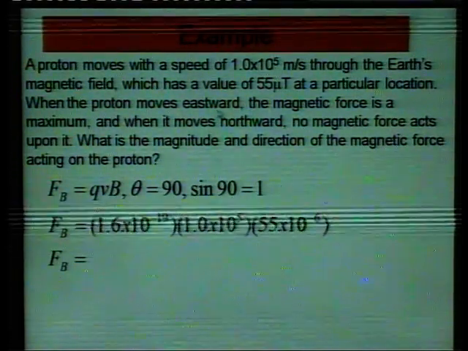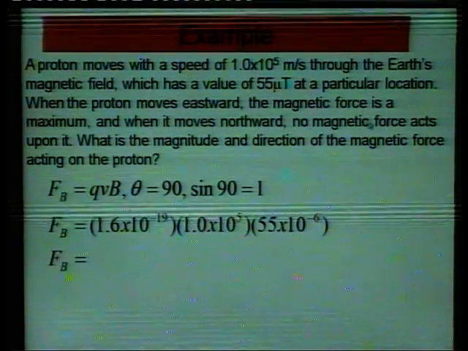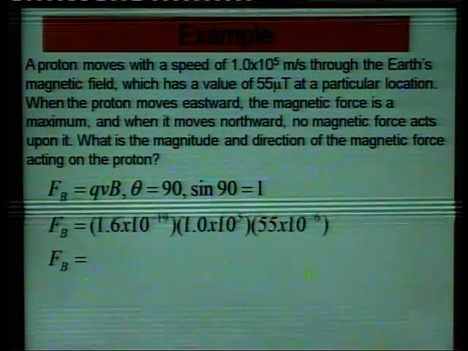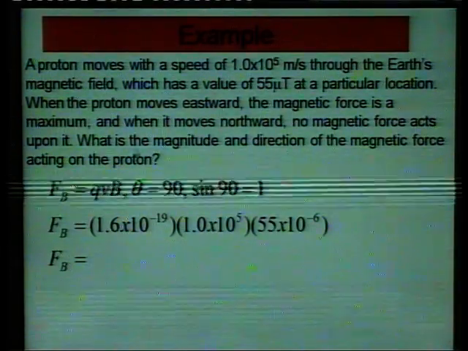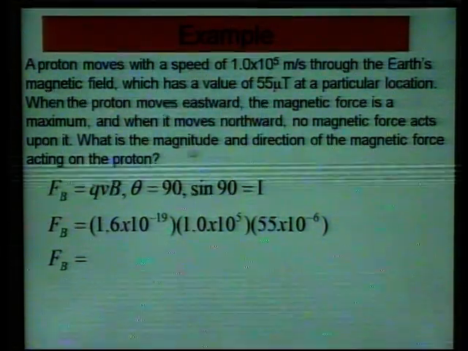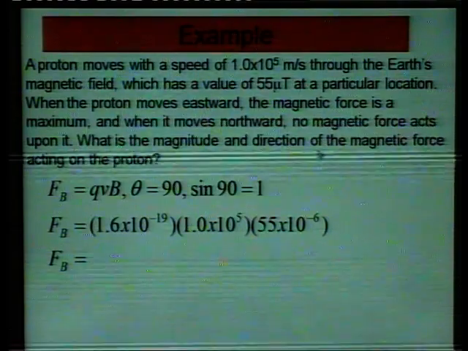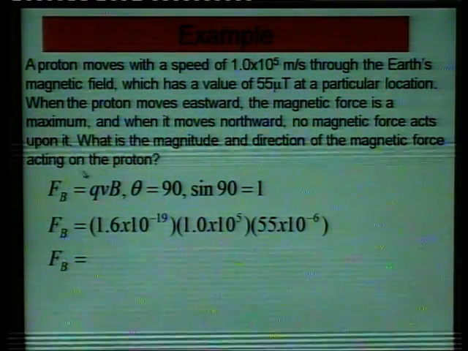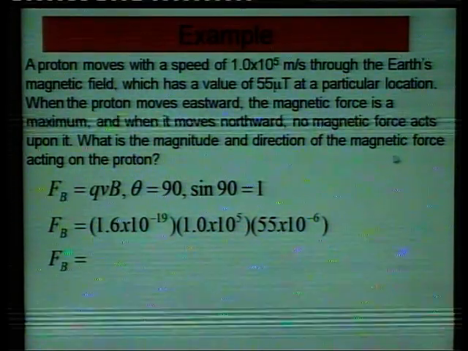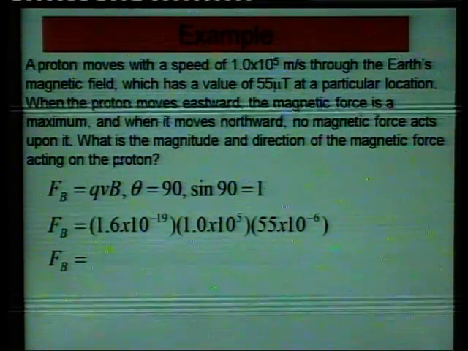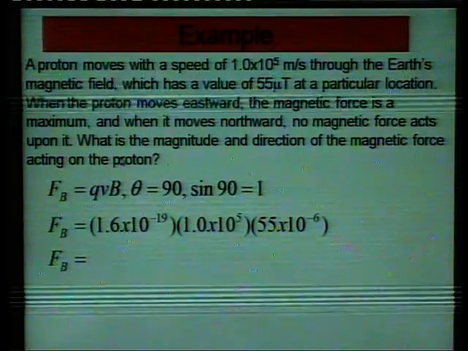When the proton moves eastward, the magnetic force is maximum, and when it moves northward, no magnetic force acts upon it. What is the magnitude and direction of the magnetic force acting on the proton? So here we have to find the magnetic force acting on the proton and its direction also.